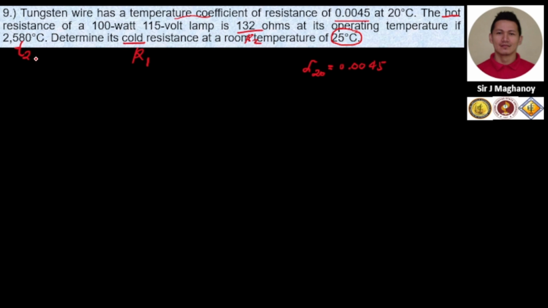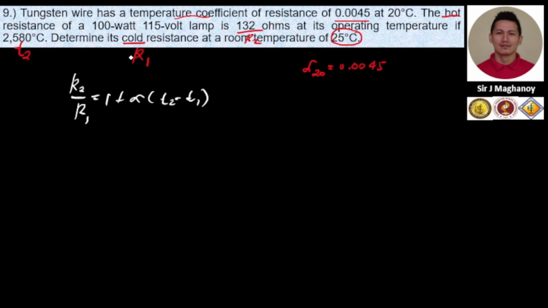Okay, so let's first recall the formula. The formula for resistance with respect to the change of temperature is R2 over R1, final resistance over initial resistance, hot resistance over cold resistance, equal to 1 plus the temperature coefficient times the change of temperature.